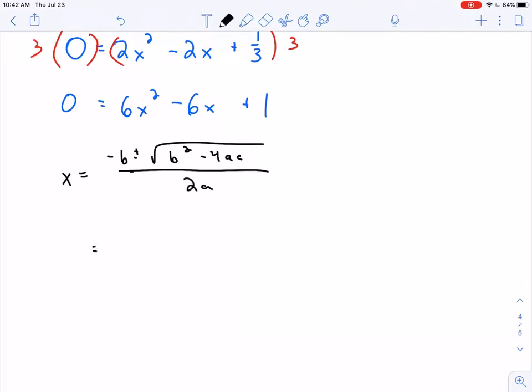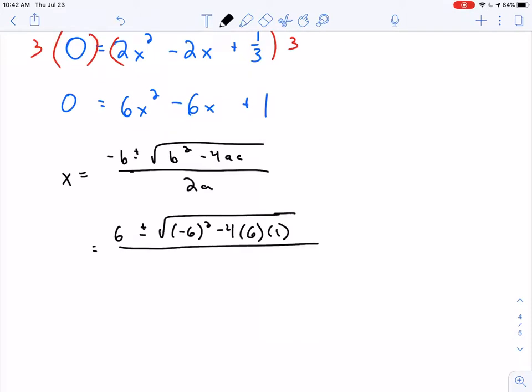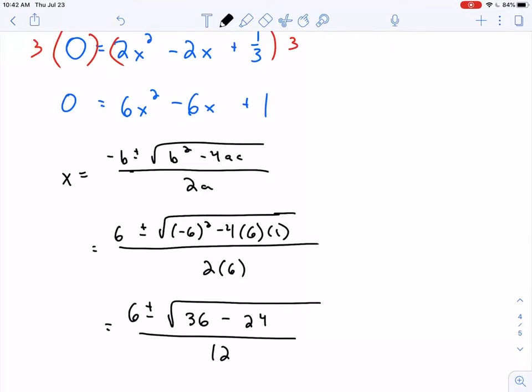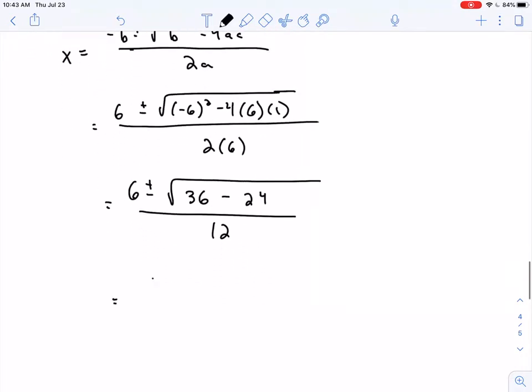So let's see, opposite of b, so that's positive 6 this time, plus or minus square root negative 6 squared minus 4 times a is 6 times c is 1 divided by 2a, that's 2 times 6. So 6 plus or minus radical, we'll have 36 minus 4 times 6, that'll be 24 over 12. So let's see, 6 plus minus radical 36 minus 24, let's say this is 12 over 12.